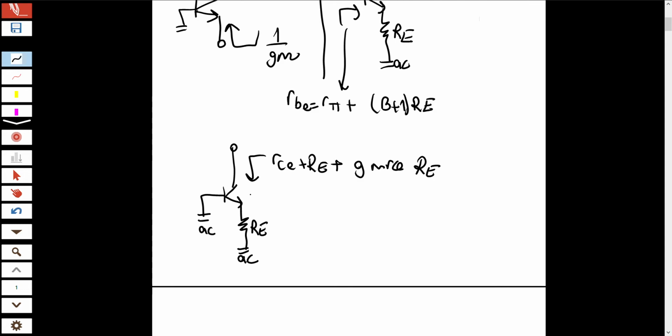Okay, this was the BJT equivalent input and output resistances. Sorry, one remained, and it is this AC.